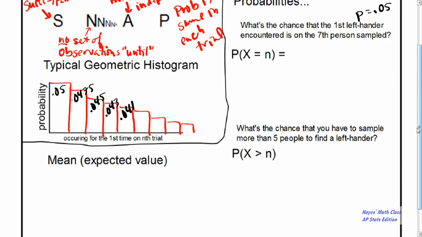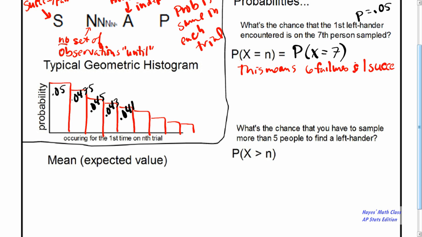So here, P of x is equal to n. We want the probability that x gets to 7. That means the 7th person that you're pulling is left-handed. So that means 6 failures, and then the success.